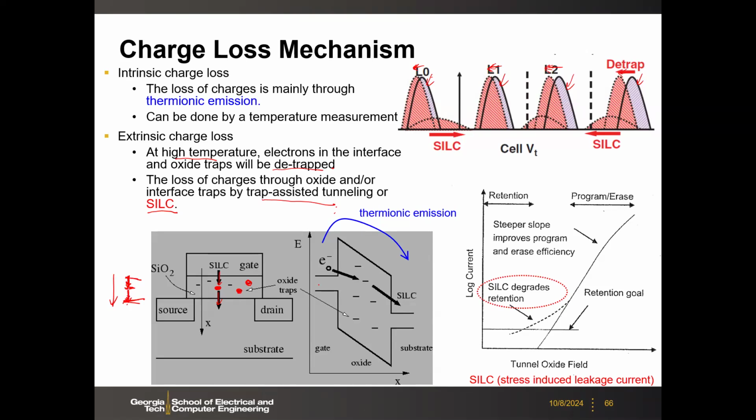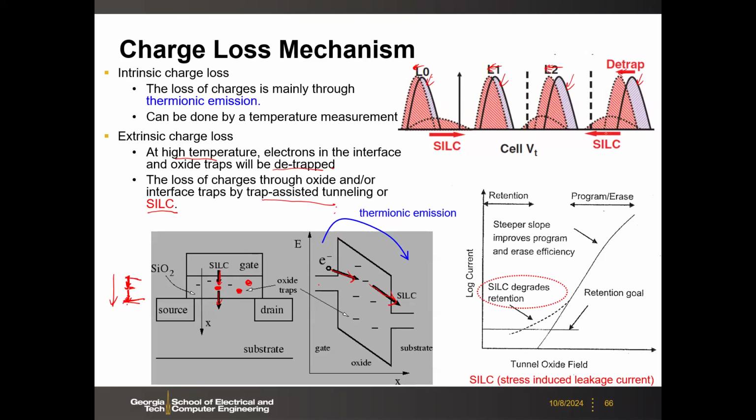So if you make the stepping stone, then these electrons will easily go out. Especially at high field, right? When you have this electric field, then you bend the band, then you have this kind of trap-assisted tunneling. So this trap-assisted tunneling depends on the field direction, right?